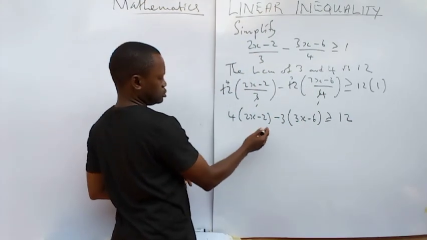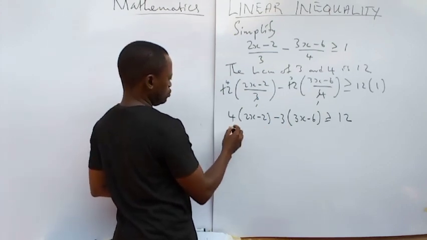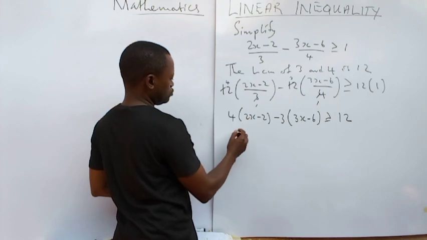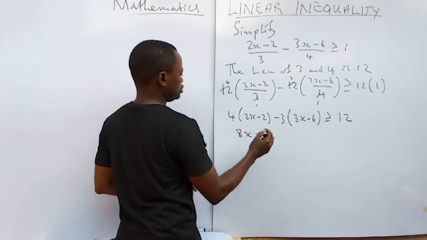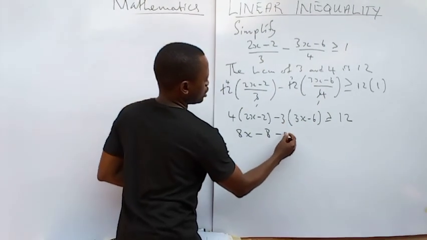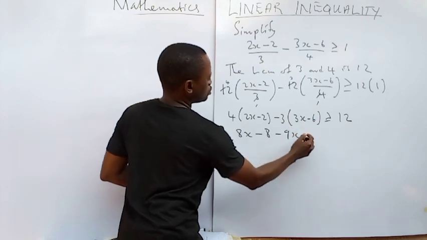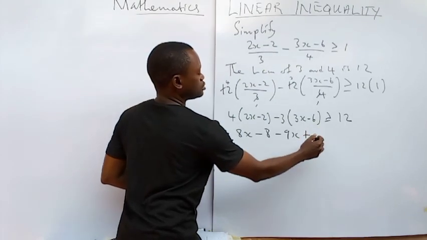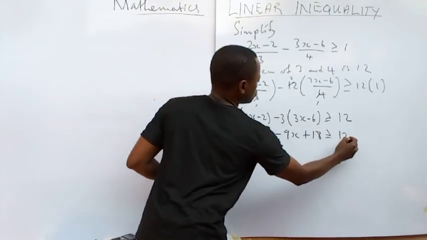So you can open the brackets. Here we have 4 times this, which gives us 8x, 4 times this gives us minus 8, and then minus 3 times 3x gives us minus 9x, minus 3 times minus 6 gives us plus 18, then greater than or equal to 12.